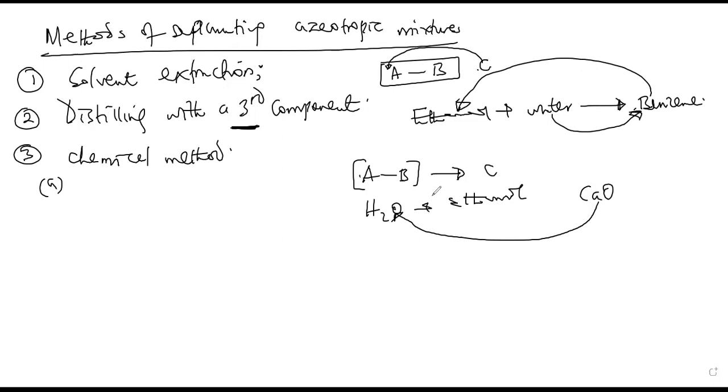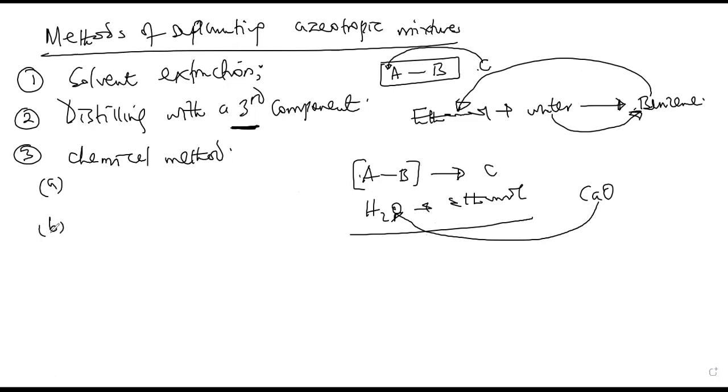So in the chemical method, you add another component that has a strong affinity for one of the components.